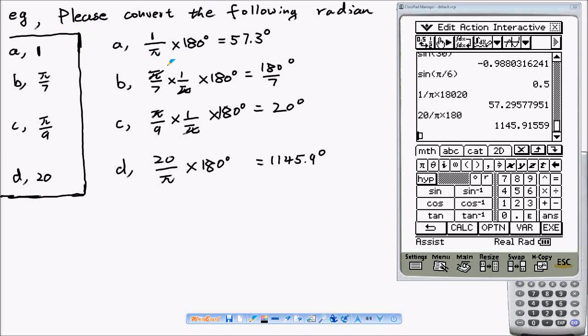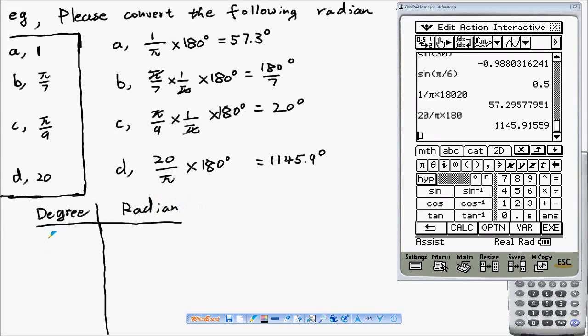In your math methods book, there is a table. For instance, there's a table here. They will have degrees and radians.